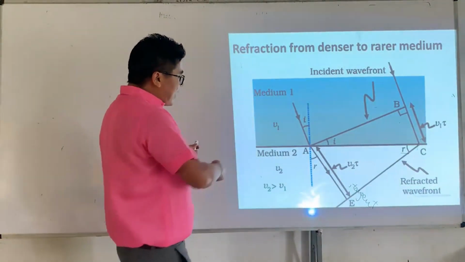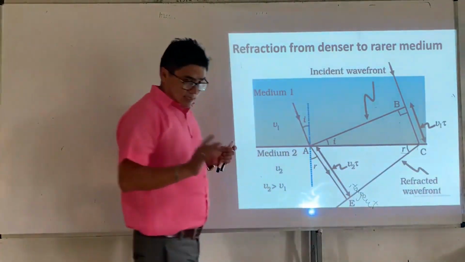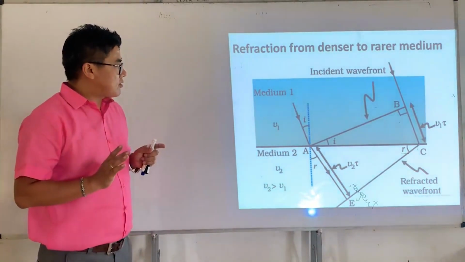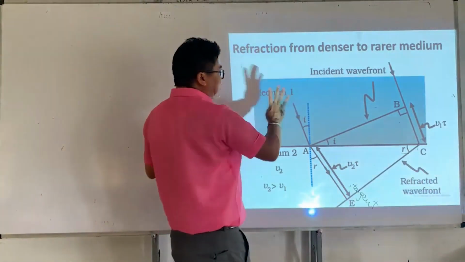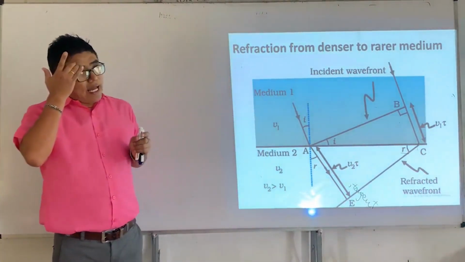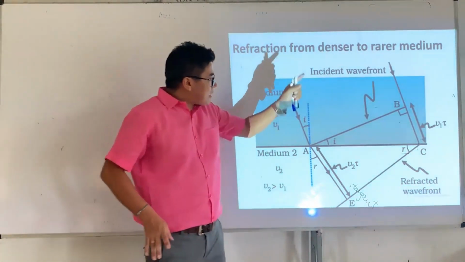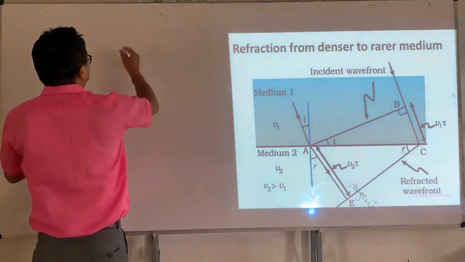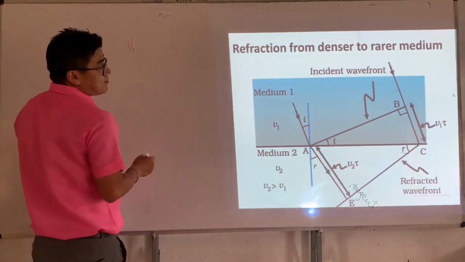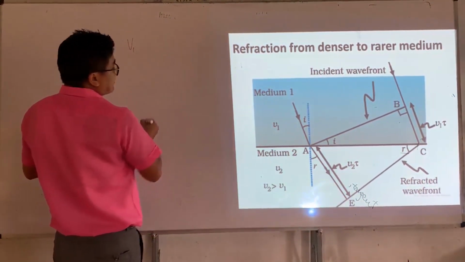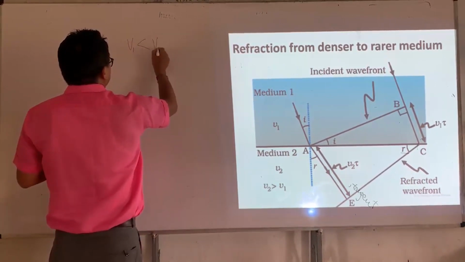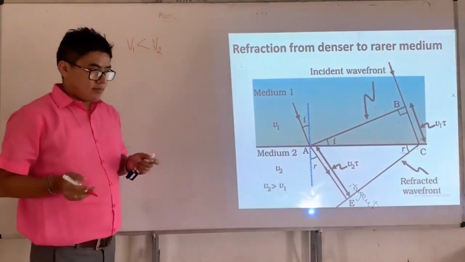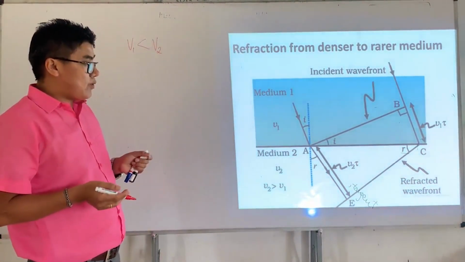This is again AB, the incident waveform, and i is the angle of incidence. Now look here, in this case V1 is less than V2. Why?